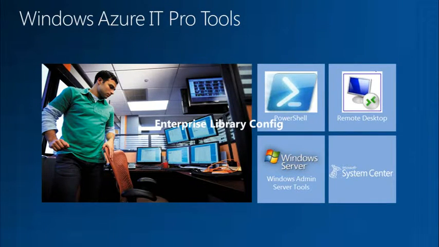But if you really want to get into the guts of the server, if you want to debug a problem and understand what's going on, you can enable RDP on that VM and get in there and actually see what's going on. This is a nice to have if you're really trying to understand something that's not exposed through the Windows Azure portal.